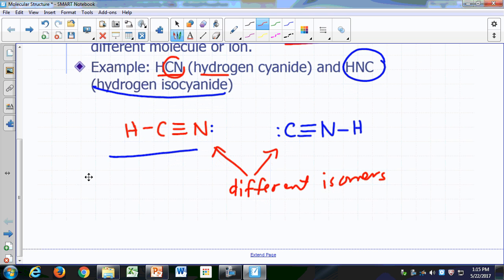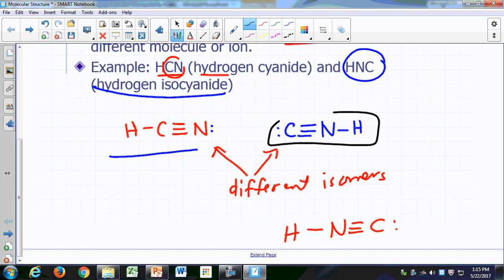What if I drew something like this? Let's say I have H and triple bond C and a lone pair on the carbon. If you look at this closely, this one and that one, in both cases, hydrogen is singly bonded to a nitrogen, and then the nitrogen has a triple bond to a carbon, and the carbon has a lone pair.